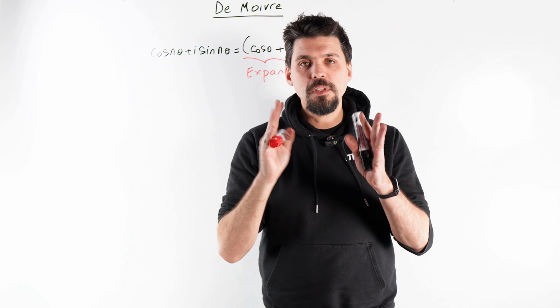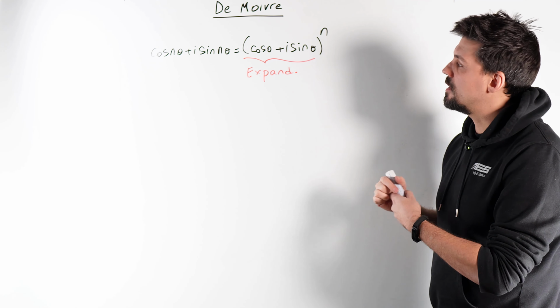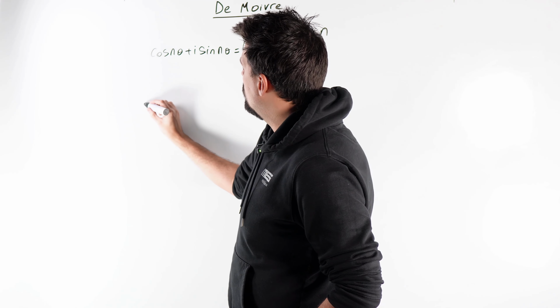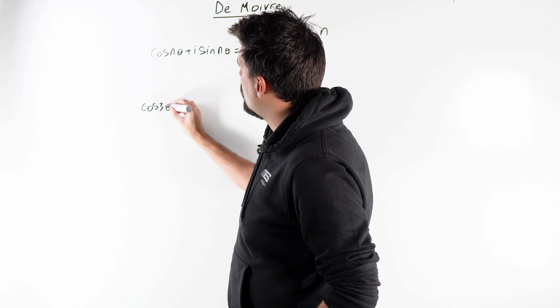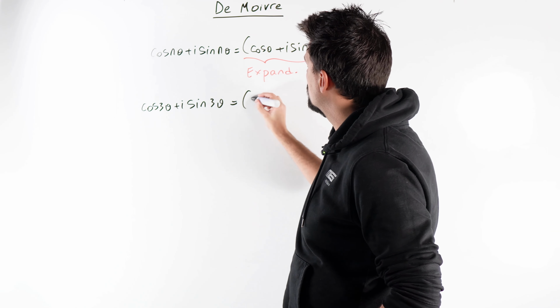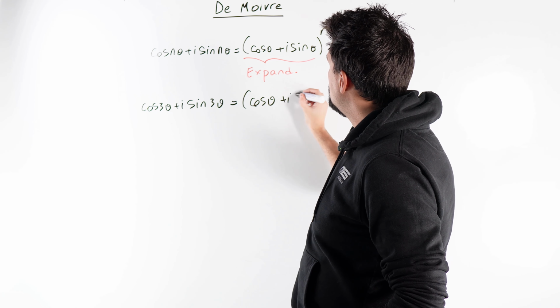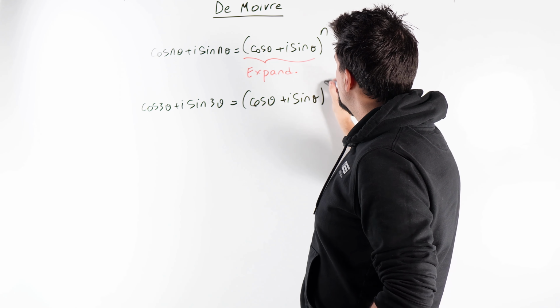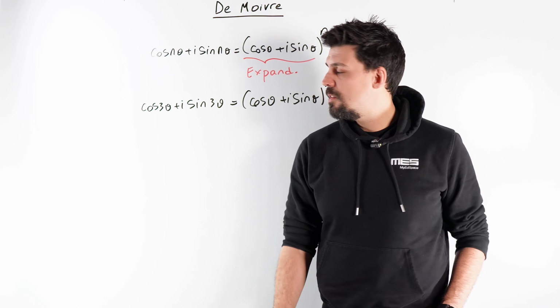All right, let's do one that is nice and basic to explain that. So for example, we could see that cos 3 theta plus i sine 3 theta is cos theta plus i sine theta cubed.